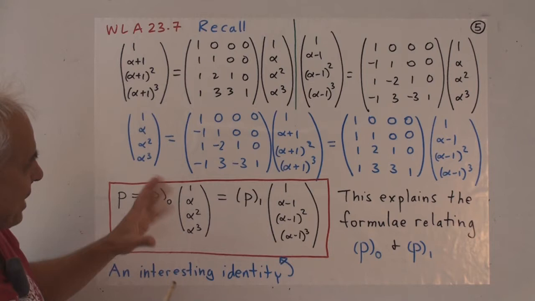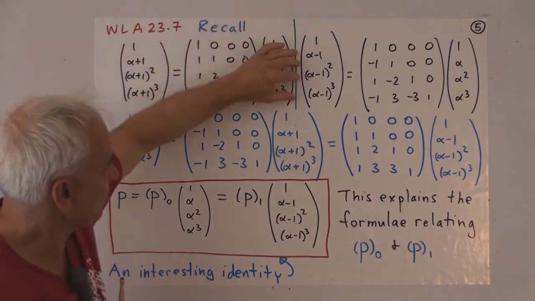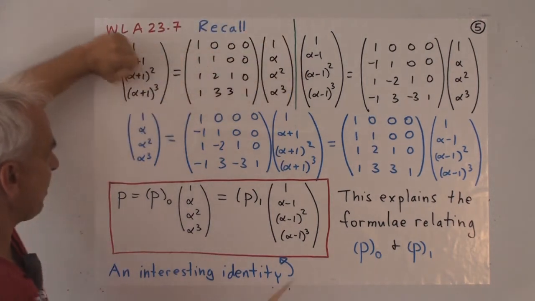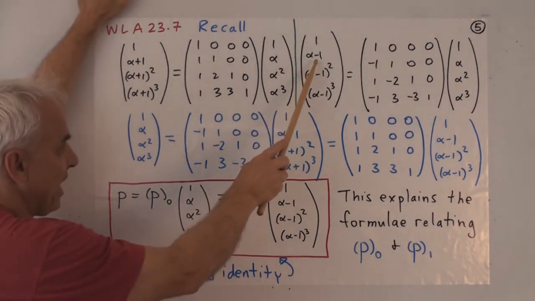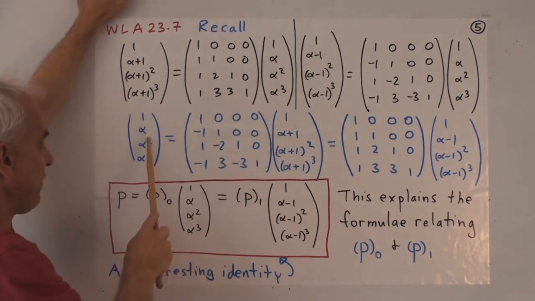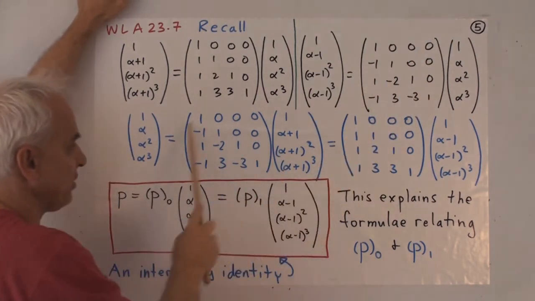And I'll also remark here that if we take this equation here and we replace alpha with alpha plus 1, then we get 1, alpha, alpha squared, alpha cubed here. This matrix will be just there.